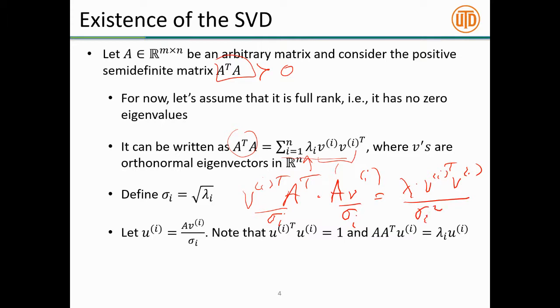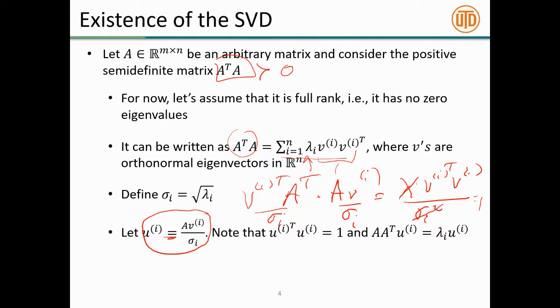Sigma_i is just the square root of lambda_i, and remember, all the lambda_i's are greater than or equal to 0, so these cancel directly, and then V_i transpose V_i is just equal to 1. I got those initial expressions just by this definition. I'm just defining some vector U_i to be A times V_i over sigma_i, by construction.